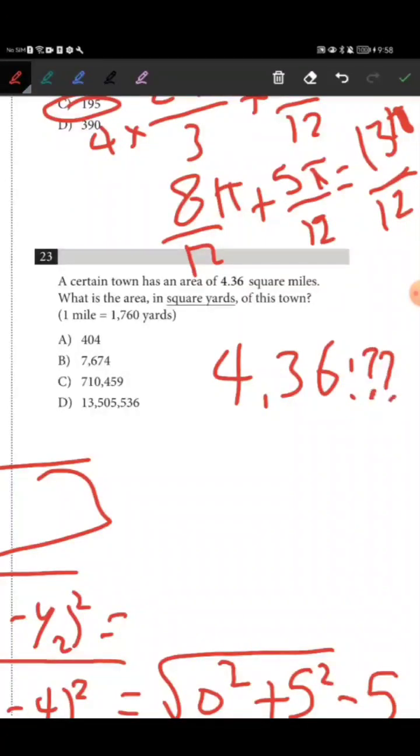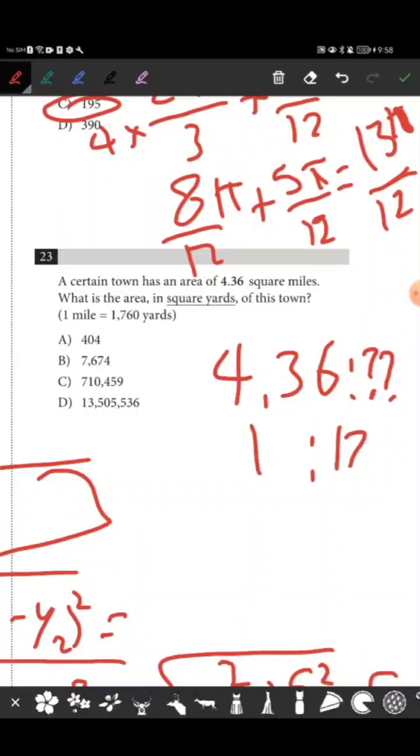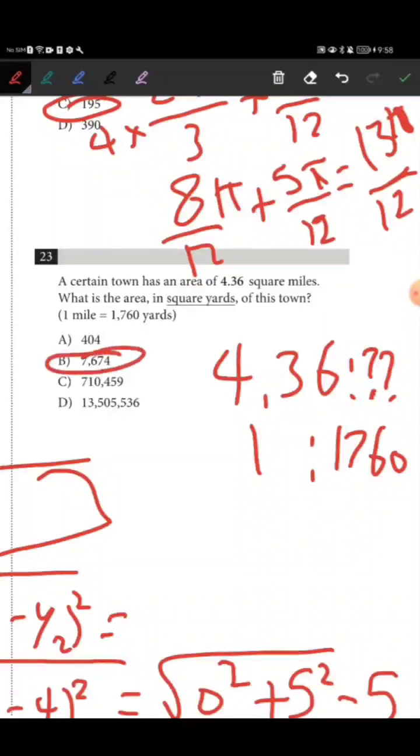If 1 mile equals 1,760 yards. So we're going to multiply 4.36 on the calculator with 1,760. So 4.36 multiply 1,760. This is going to get us 7,674, which is the correct answer, which is B.